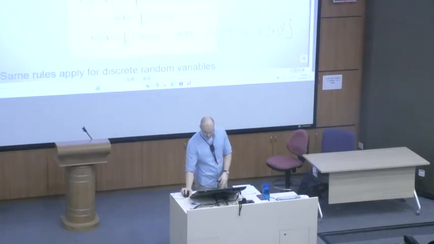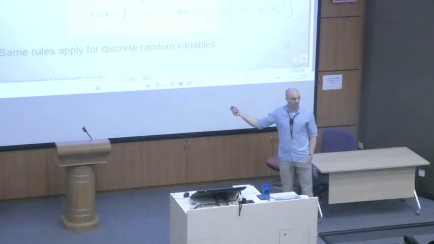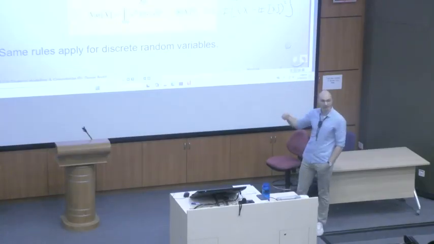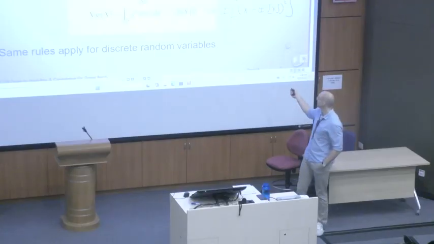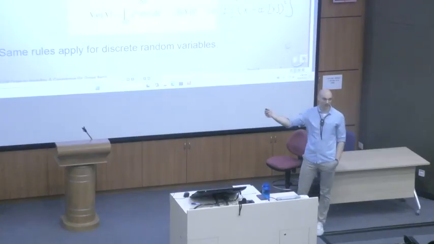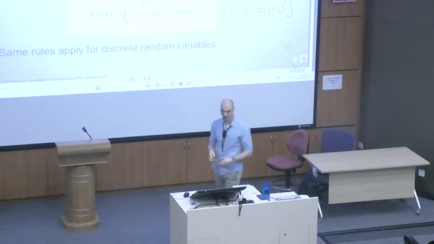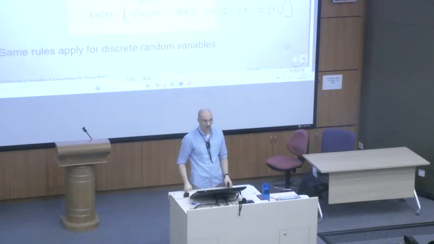So remember, variance was just this term here. If, say, the function is in between 0 and 1, then the expectation is obviously in between 0 and 1 as well, so the variance is in between 0 and 1. So variance is not a measure of smoothness of the function. That's the point I want to make.